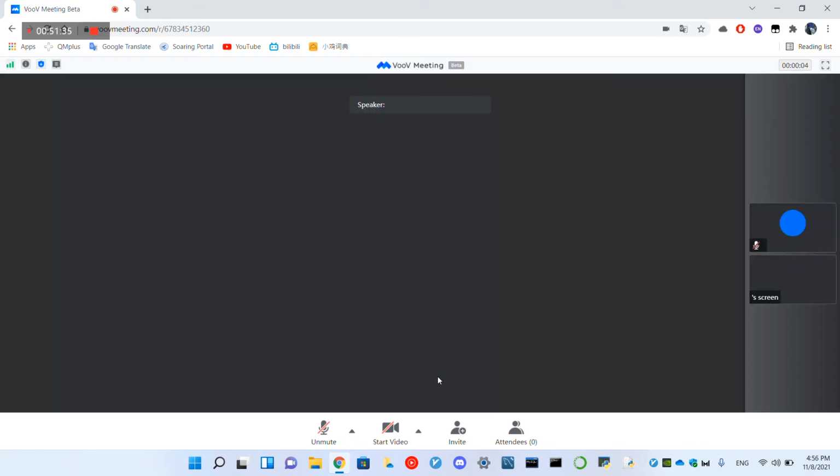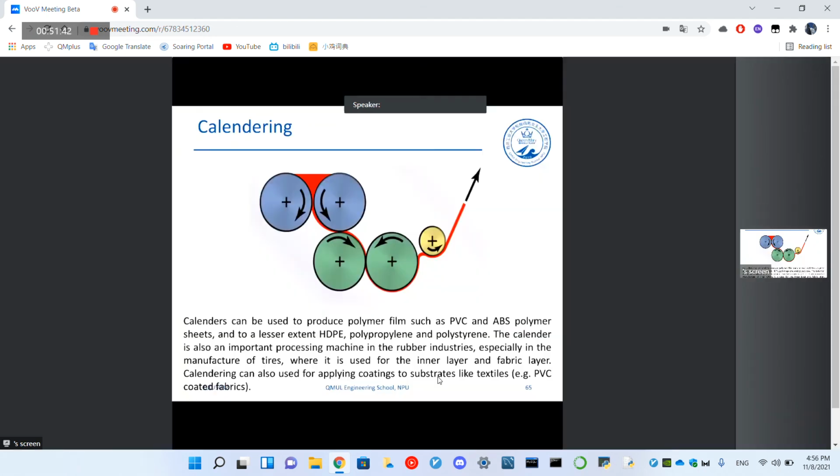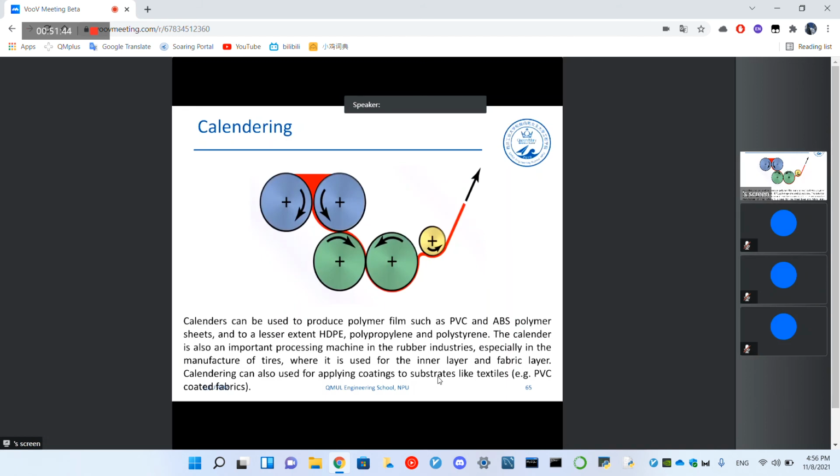Okay, so let's get started with second part of today's course, and let's continue with another technique. It's called calendaring.